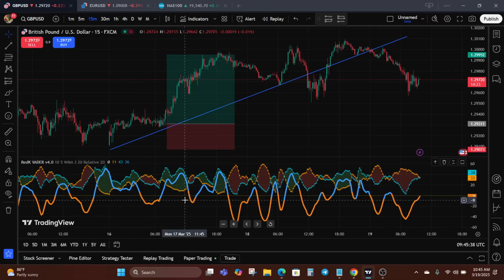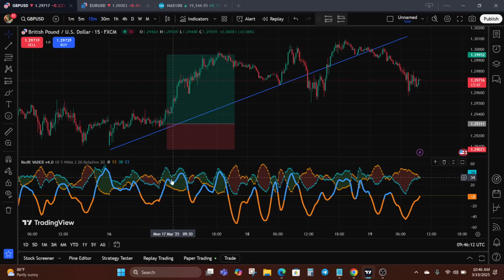But then just for additional confirmation, ensure that this blue line with some stars on it is above the orange. So when the blue is above the orange and the shaded area is blue, is it light blue or light green? I think it should be green.